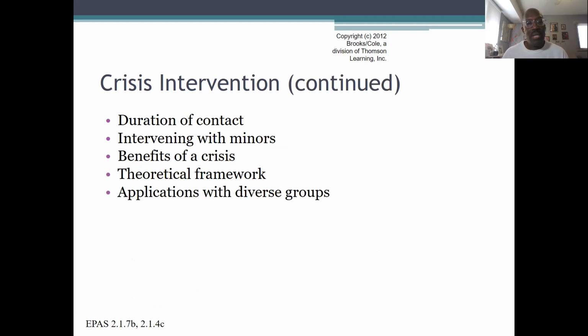So when we're thinking about crisis intervention, there are some other things that we have to contend with as well. Duration of contact. Typically, with crisis situations, the duration of contact is not that significant, or it's not a long period of time. So many of you know that, for example, on a couple of weekends a month, I do crisis line work at a domestic violence shelter.